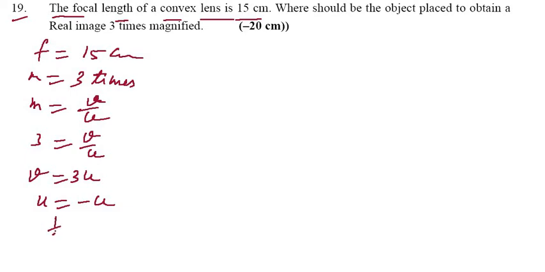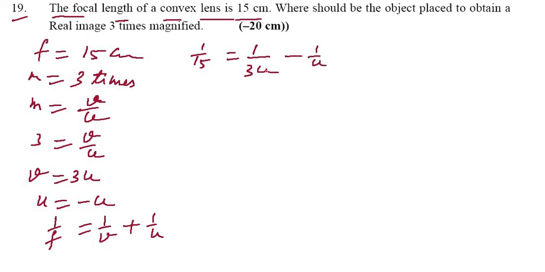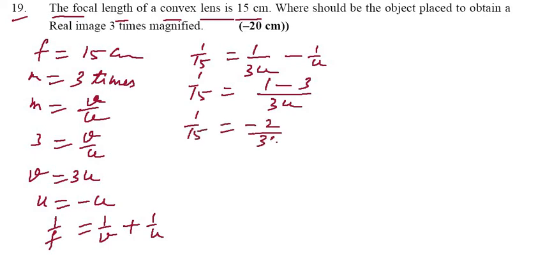The formula is 1 upon f is equal to 1 upon v minus 1 upon u. Putting the values, 1 upon f, that is 1 upon 15, is equal to 1 upon v, and v is given as 3u, so you can put 1 upon 3u minus 1 upon u. Taking the LCM, which is 3u, here it is 1 minus 3. So 1 upon 15 is equal to minus 2 upon 3u.